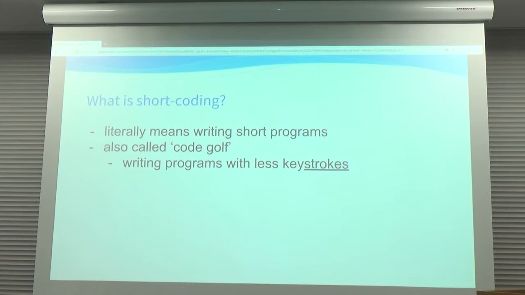So 少ない打鍵数で、プログラムを書くと。But of course it requires a lot of time. The total keystrokes is, I think, too many.